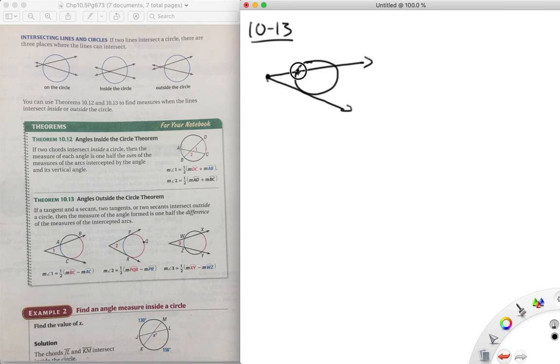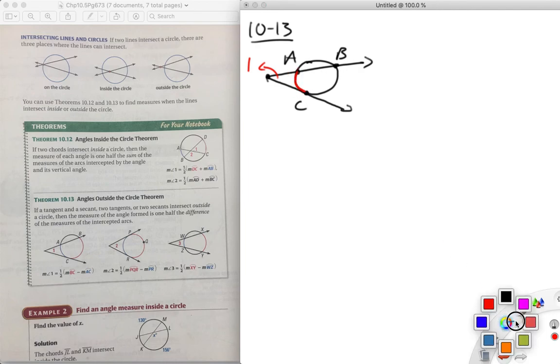All right, so we have an intersection at A. We have an intersection at B. And then we have our tangent line at C. We're going to call this here angle 1. This is going to be my inside arc that's captured.